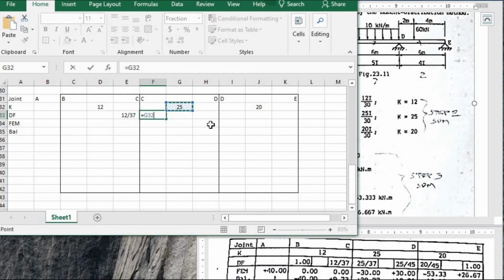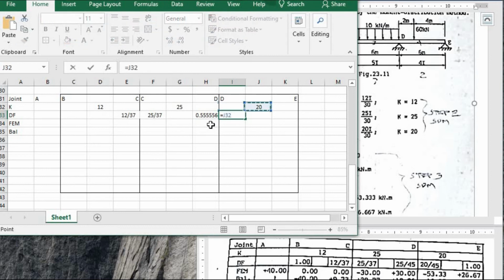Click mo yung 25 divided by the sum of your k at that joint, which is 12 plus 25, then close. Next, dito tayo sa point D, equal sign 25 divided by summation of k at that joint, 25 plus 20, then close.